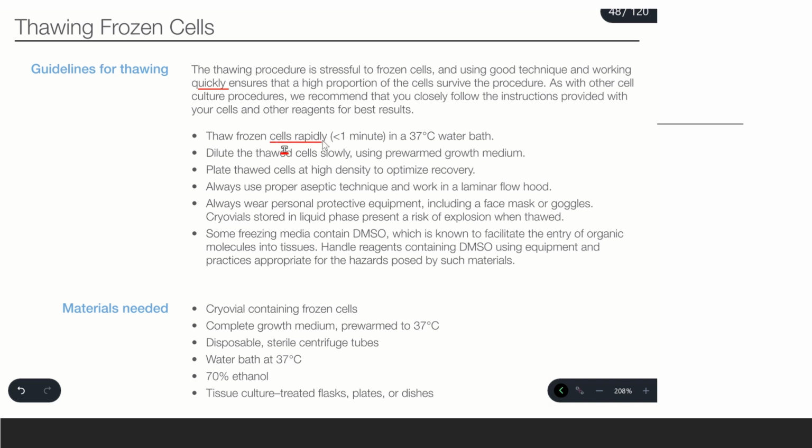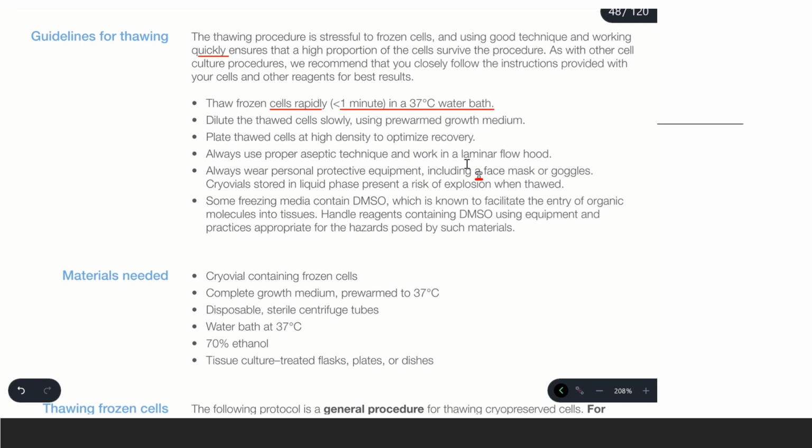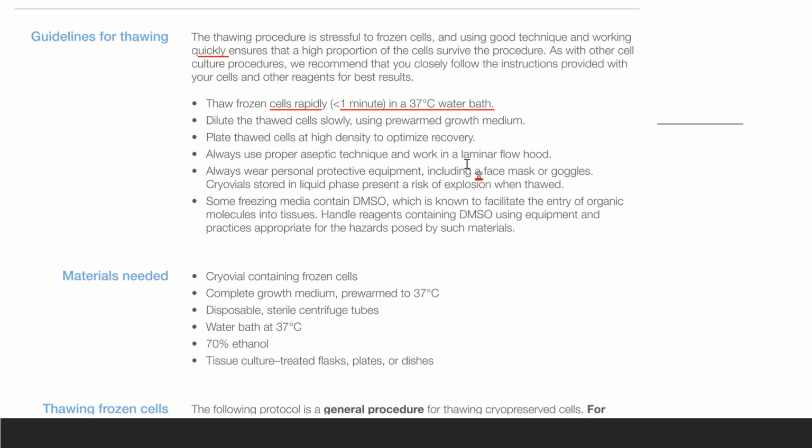Remember, we want to freeze cells slowly at 1 degree Celsius per minute, but we want to thaw cells rapidly in less than a minute in a 37 degrees Celsius water bath or a bead bath. Dilute the thawed cells slowly using pre-warmed medium. Plate them in high density to optimize recovery.